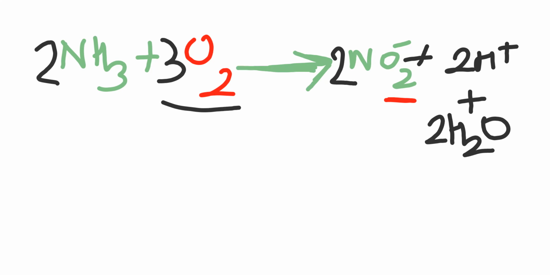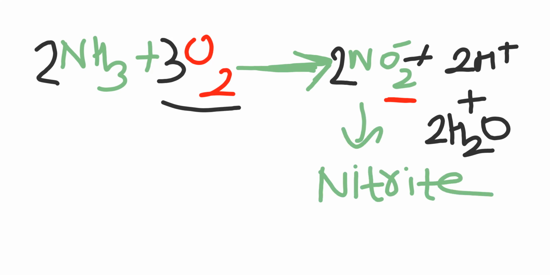2 molecules of ammonia convert into 2 nitrite. Okay, this is what? Nitrite. Right? So 2 ammonia undergo oxidation and convert into nitrite.